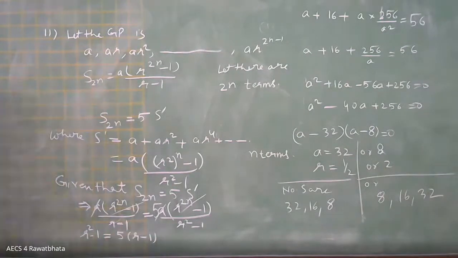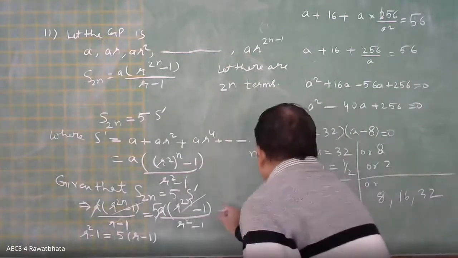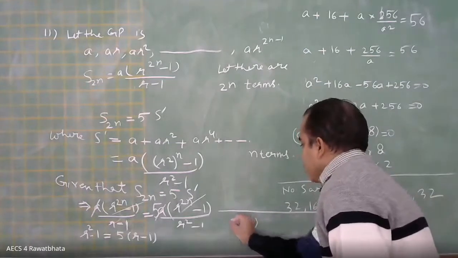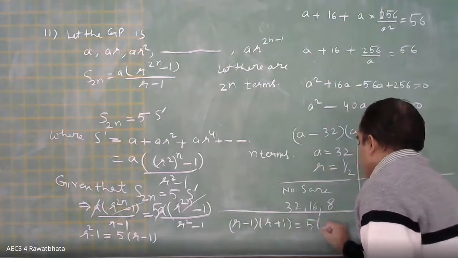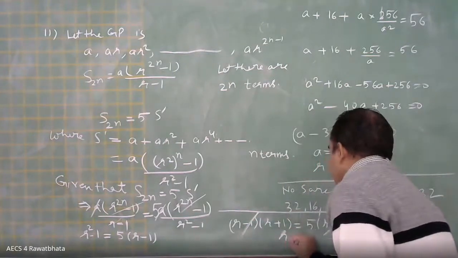Now factorize it, and then this will become R minus 1 into R plus 1 equals to 5 into R minus 1, and R finally is equal to 4.